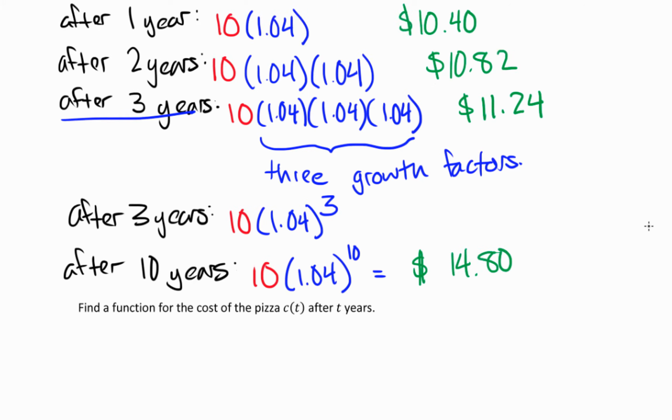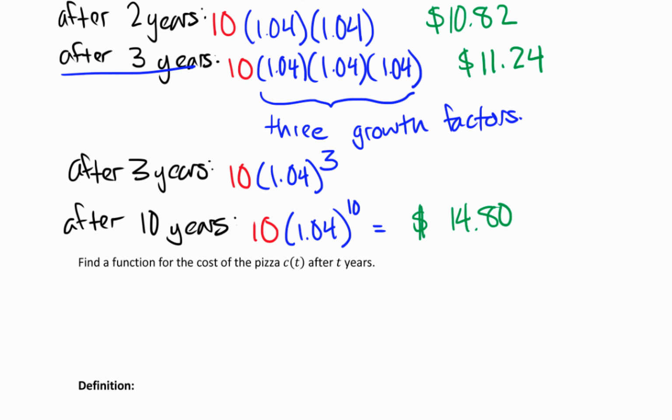So the idea here is, now if I let my input be t, so let's put that in blue, and my output was cost, I can make a function of t that says cost after t years is the starting price, so that $10 that the pizza costs right now, multiplied by my growth factor, which was 1.04, and I'm going to raise that to the power of t.